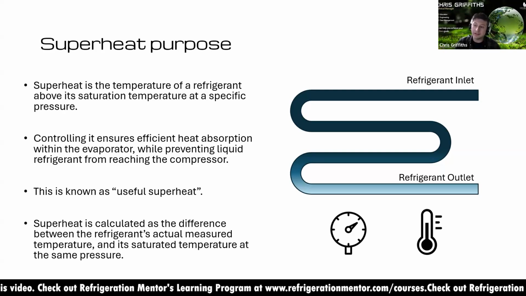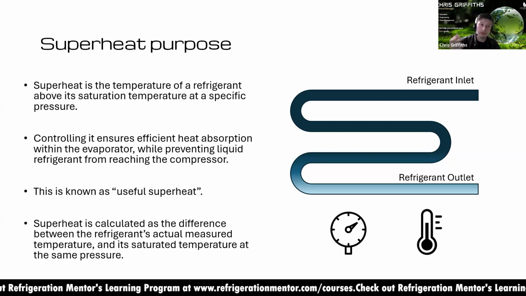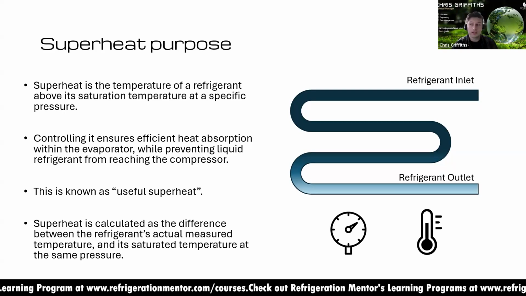That's calculated as the difference between the refrigerant's actual measured temperature, which we could detect with a probe or a sensor bolted onto the pipe, and the saturated temperature at the same pressure. On a TXV, it will sense that superheat by the refrigerant in the little vial sensor increasing and decreasing in volume as the temperature on that pipework changes.